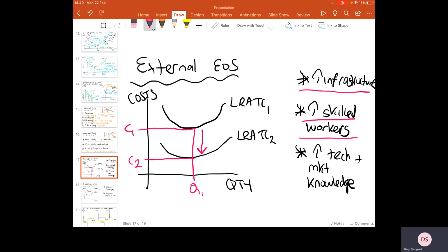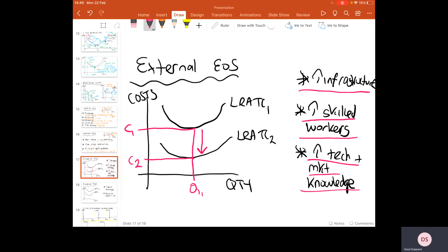It could just be that in the marketplace there's better technology. So when you think about AstraZeneca again, pharmaceutical companies, AstraZeneca, have been creating vaccinations against COVID-19. Well, the logic would be that as technology improves in that industry, all the firms that operate in that industry will benefit from these automatically.